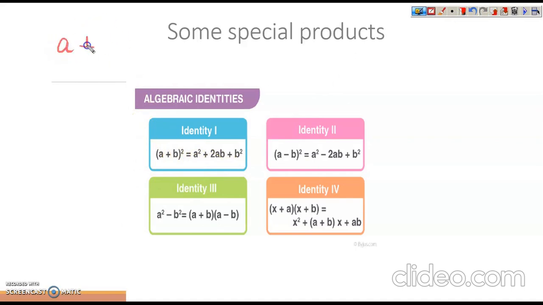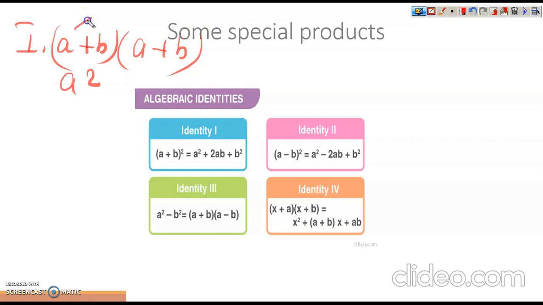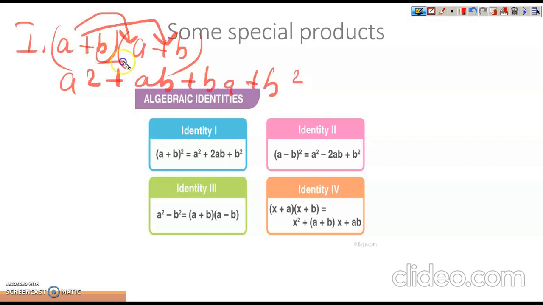I will show you here when we do this: it will be a squared, this multiplied by this, and this multiplied by this, plus ab plus ba plus b squared. In short, we can add these because they are like terms. So when we add them, we will get this.